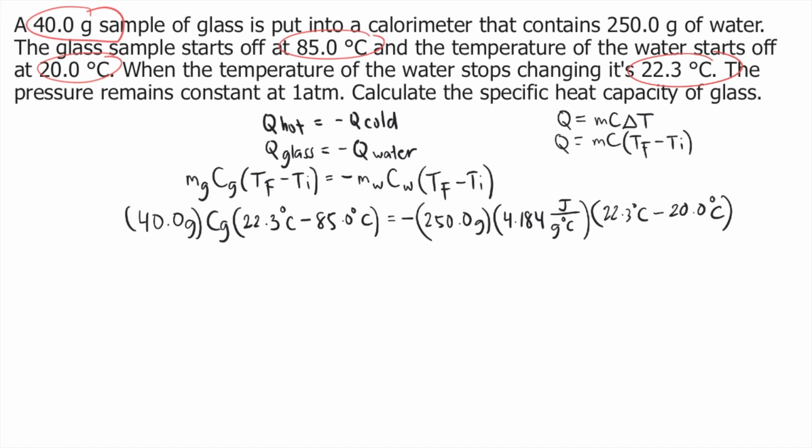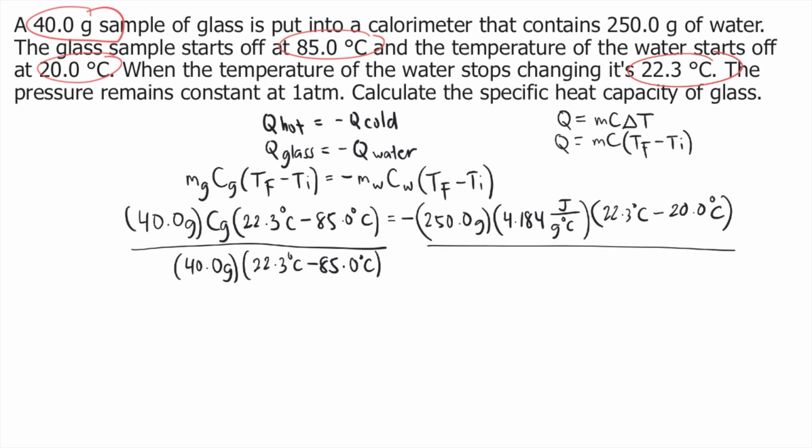Okay, so since we are solving for Cg, what you're going to do is you will divide both sides of the equation by 40 grams times 22.3 degrees Celsius minus 85.0 degrees Celsius. So you do that on the left side, of course, you're also going to do that on the right side.